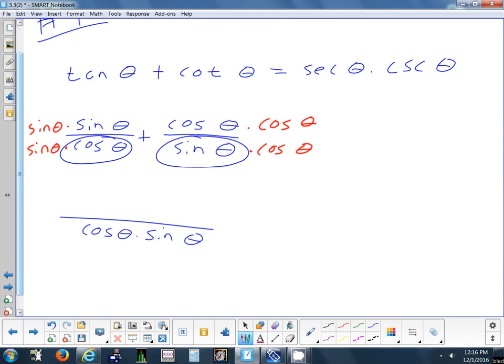Okay, so on the left, I get sine times sine, which is sine squared. On the right, I get cosine times cosine, which is cosine squared. Again, this is, I think, the third time this Pythagorean identity has popped up. Sine squared plus cosine squared equals 1.